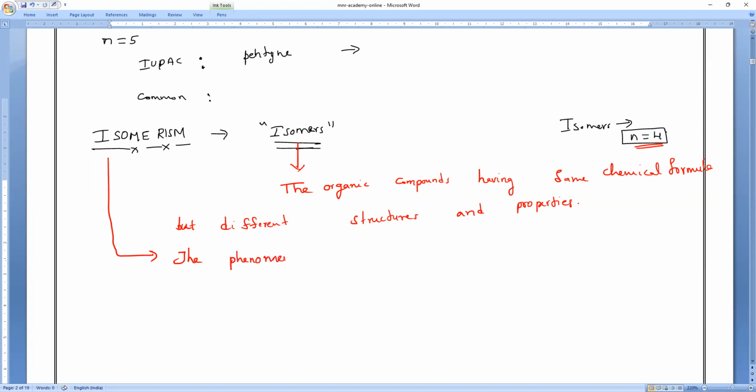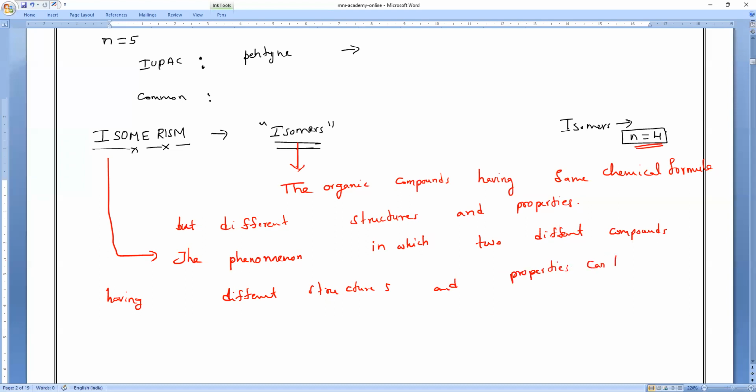The phenomenon in which two different compounds having different structures and properties can be represented by a common formula.